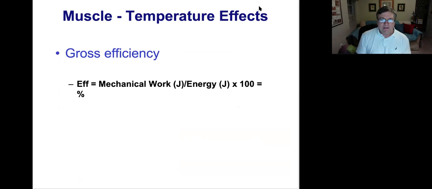That's because gross efficiency of locomotion or exercise is nowhere close to 100% efficient. It's usually about 20% efficient. With walking and running, we can get up to maybe 27, 28% efficient. That's about as high as it gets.